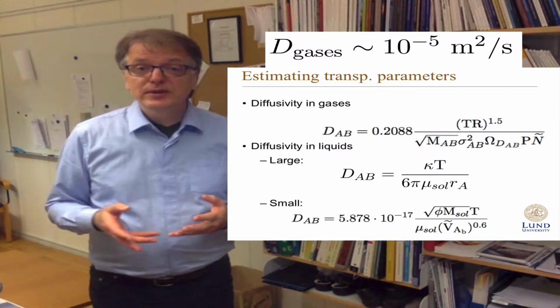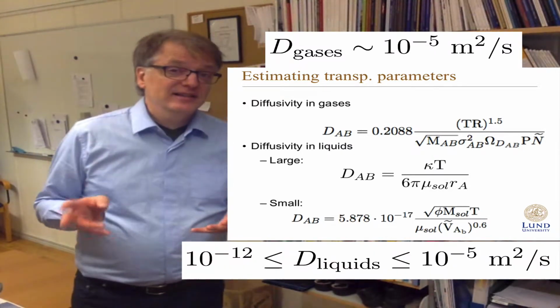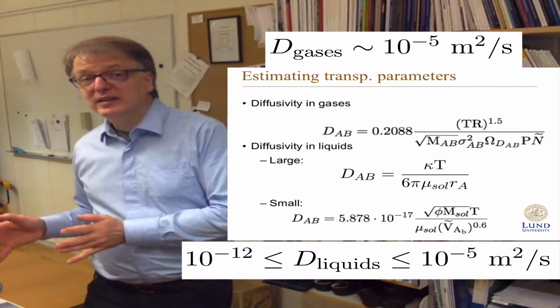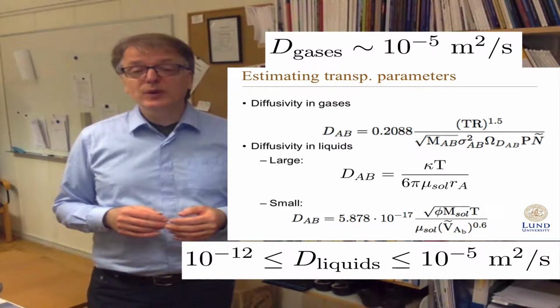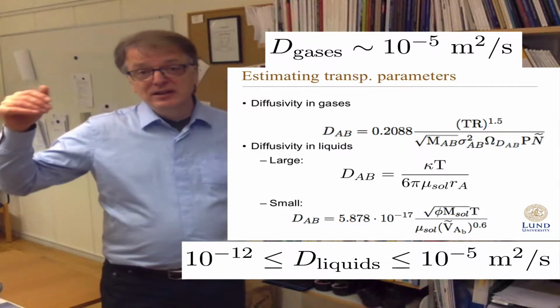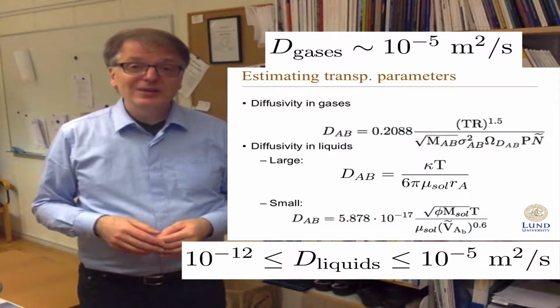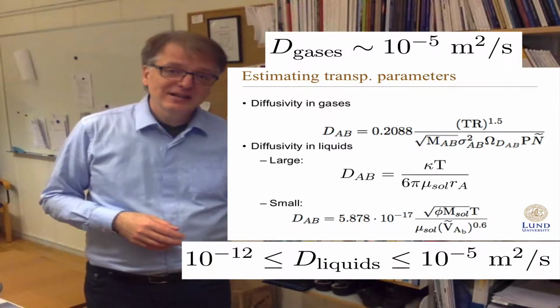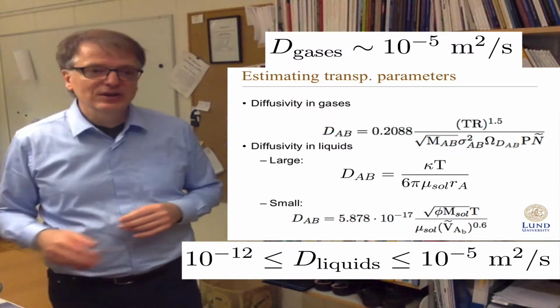And the order of magnitude there should be typically less than 10 to the power minus 5, all the way down to 10 to the power minus 12 square meter per second. The range is large because different liquids are really different. Some are almost like gases and some are almost like solids.